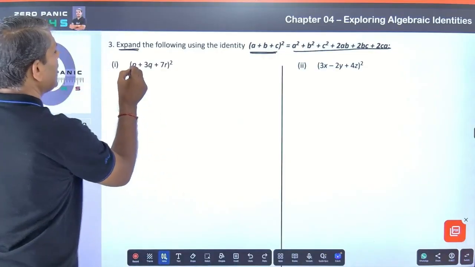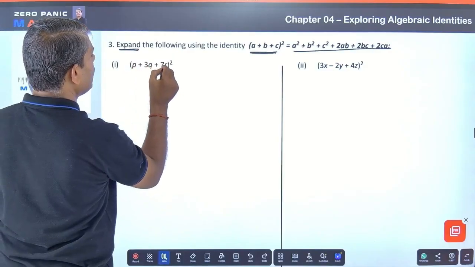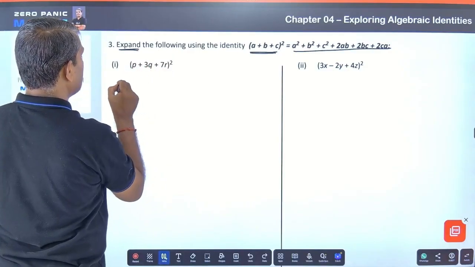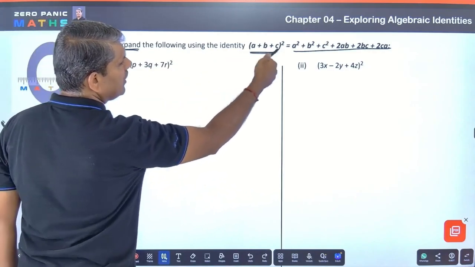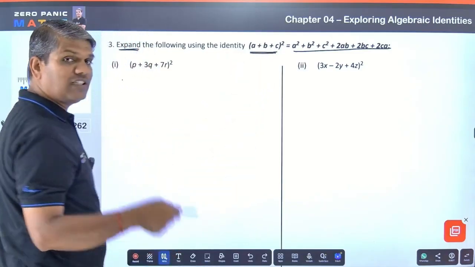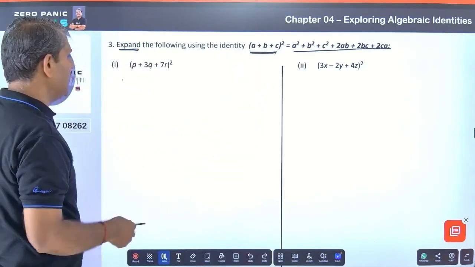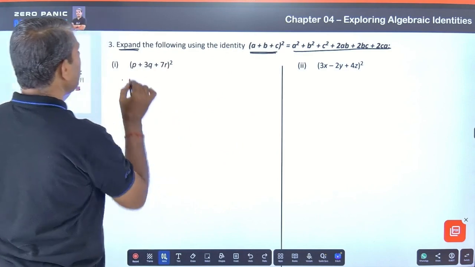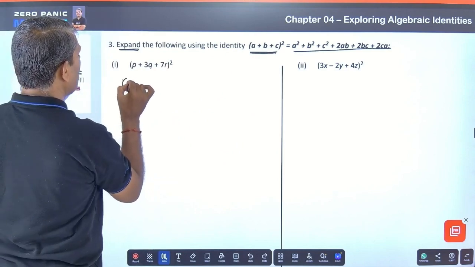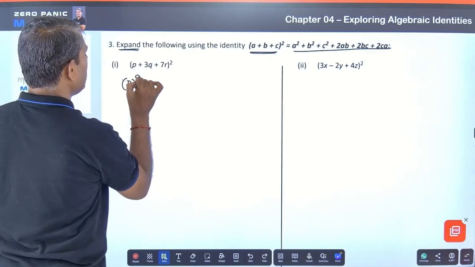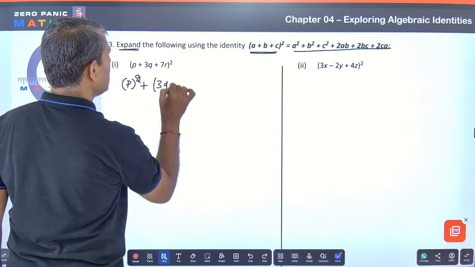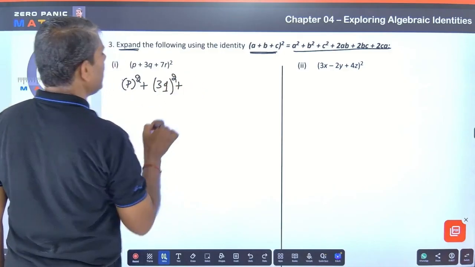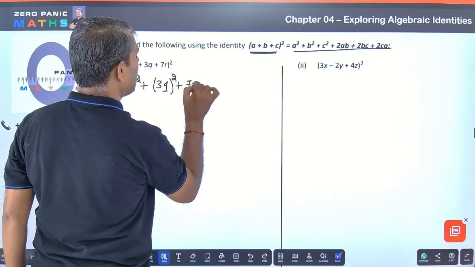So here a is p, b is 3q, c is 7r. You don't have to write it because they have already given it. This is the identity that you must use here in the third set of problems. So let me write that in the form of a square. That is p square, b square that is (3q) square, and (7r) square.